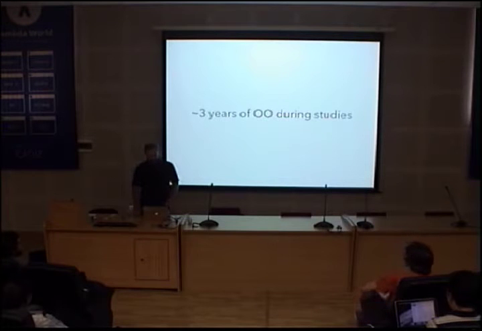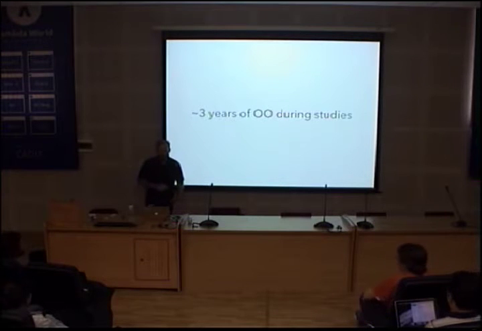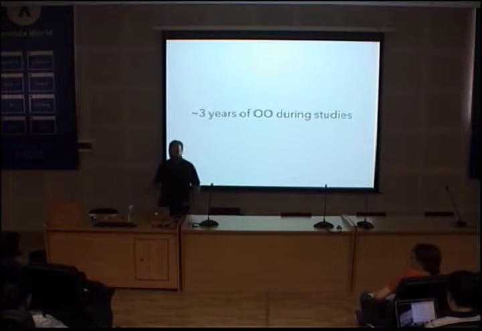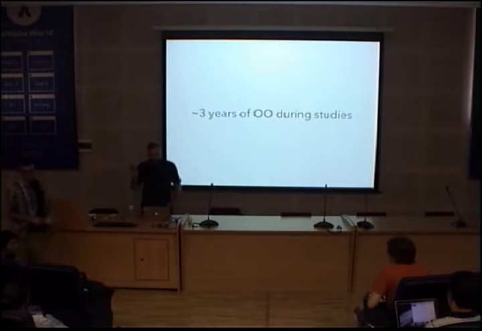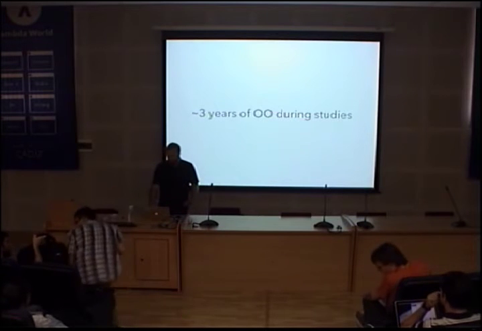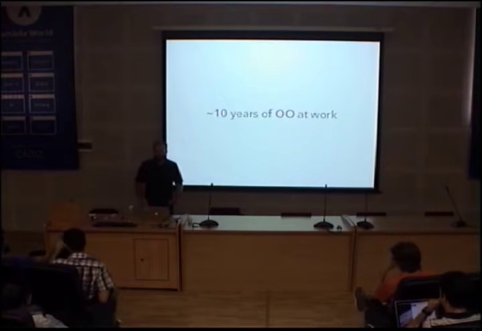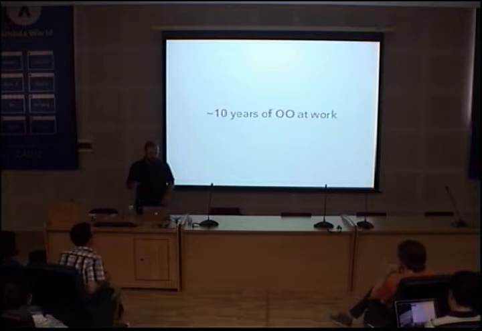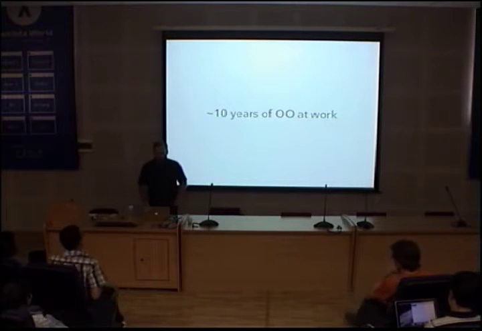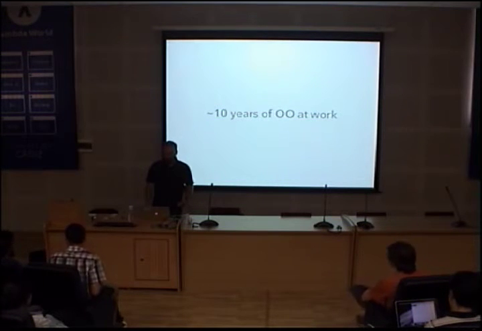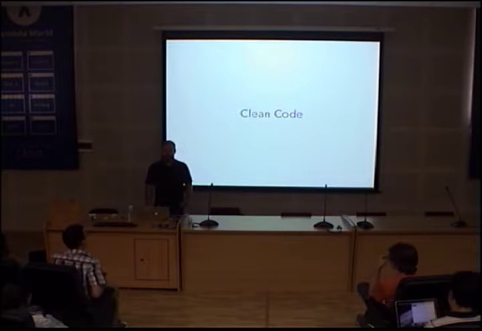So I finished computer science studies. And for about 3 years, I was learning object-oriented languages like Java, C++, Python, all this stuff. Then I got my first job, and I spent almost 10 years, a little bit more even, working with object-oriented languages. 9 years was with Ruby, and something that I always wanted to achieve was clean code.